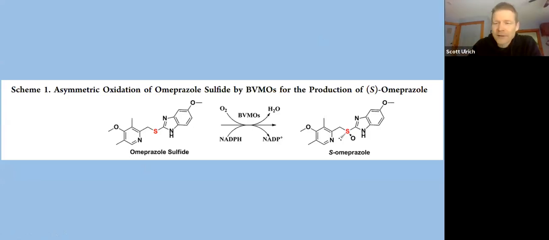So if you make the S form, it is the S form, and it doesn't racemize into the mixture, if you follow me. I'm sure you probably haven't seen that before, but it is true that that structure is chiral, and it is also stable and doesn't just interconvert to the other isomer.